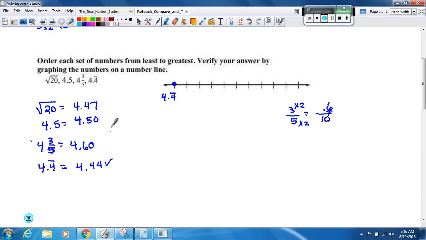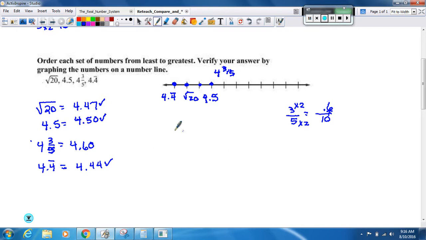Okay, the next one is $4.47. So that's the square root of 20. $4.50 would be 4.5 like it was originally. And then $4.60, I ran out of space, so I'll put it up here. 4 3/5.